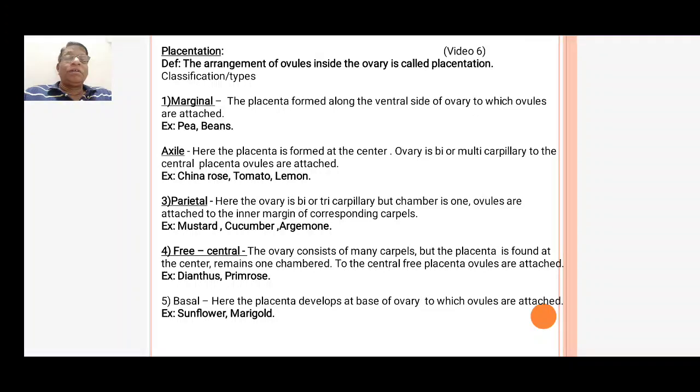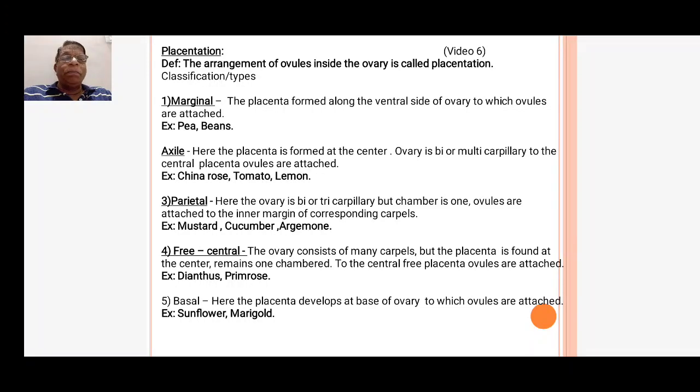Beans, that is, in the family Fabaceae, we come across this type of placentation. What is marginal placentation?